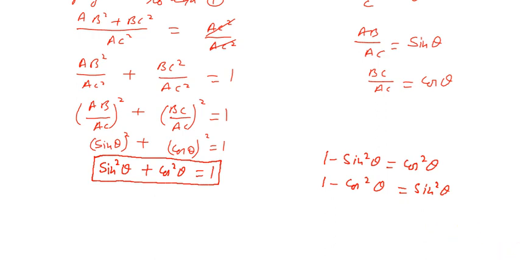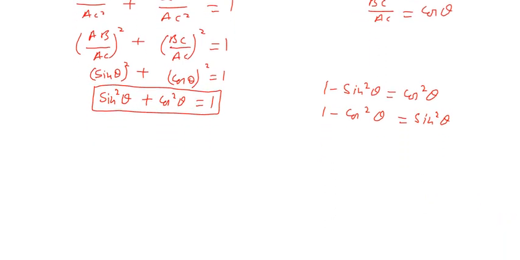Now once again come to the second part. Now in this triangle, we can make it once again like this. This is your point A and this one is your point B and it is your C, and this angle is theta. Once again by Pythagoras theorem, what will happen?